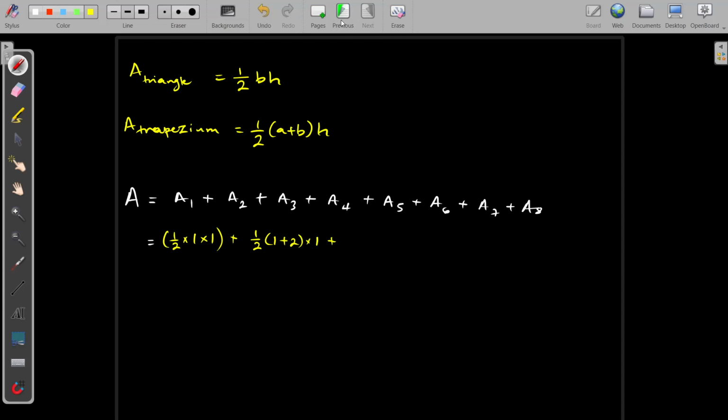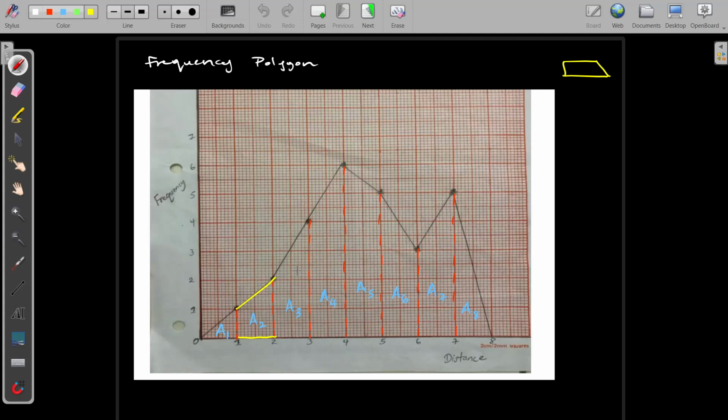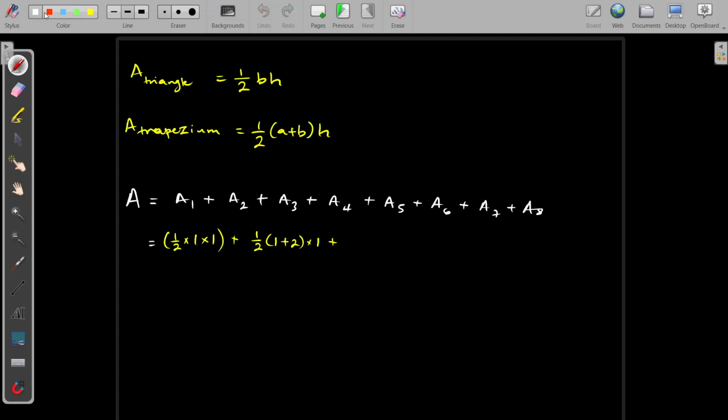plus area 3. Now we look at it the same way. We said, alright, this would be one side of our trapezium, and this would now be the height. So the parallel sides would be 2 and 4. So we say half (2 plus 4) times 1. And then we just repeat this until we factor in all the different areas.